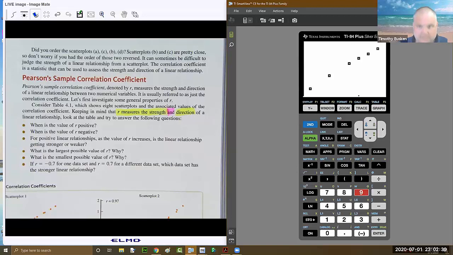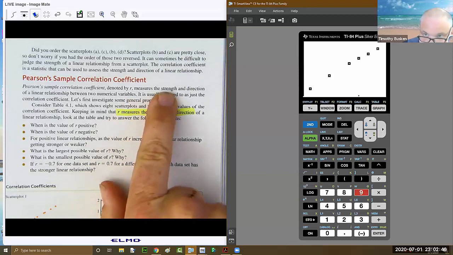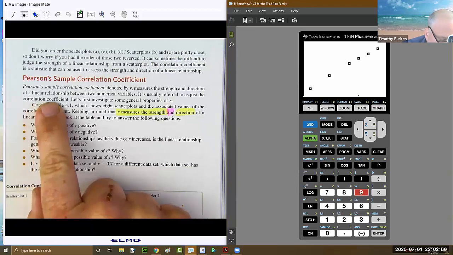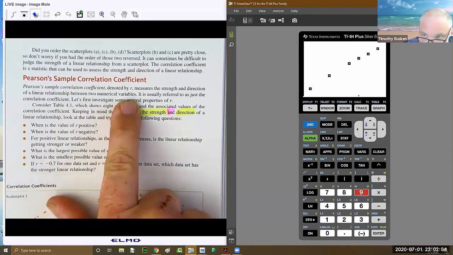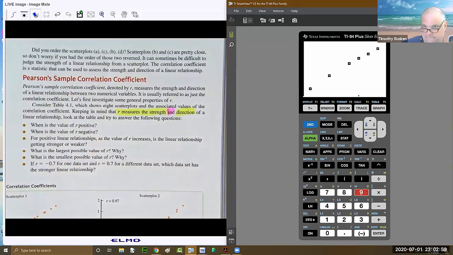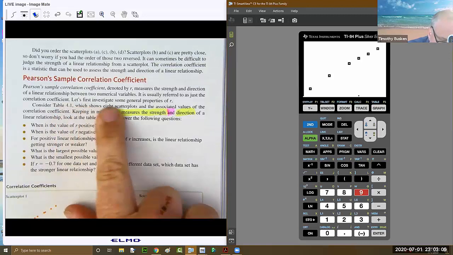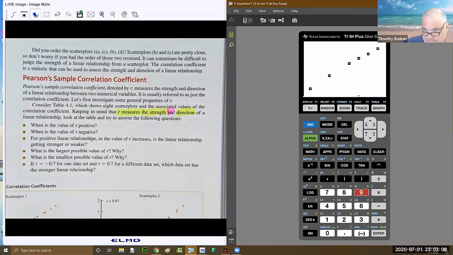It's also a percentage as a decimal, which measures the strength, the percentage strength, and direction, whether it's positive or negative, of a linear relationship between two numerical variables. Pearson's sample correlation coefficient is a formula that we're going to explain shortly here. But first, let's go ahead and investigate some of the general properties of r, the correlation coefficient.